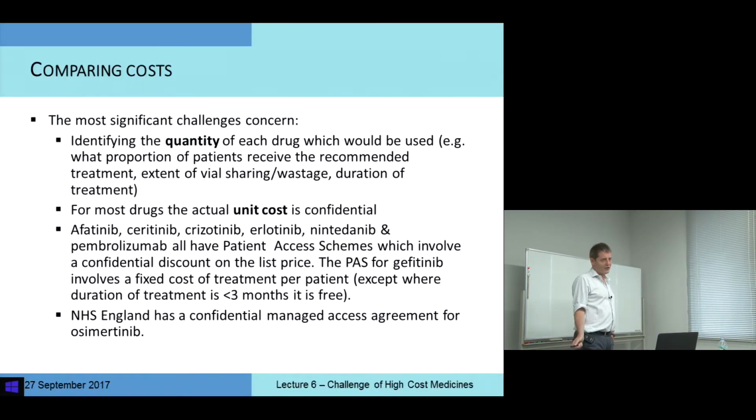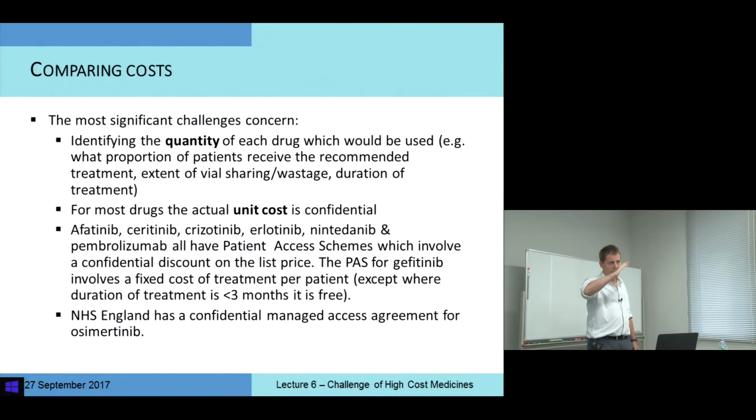Then you've got to compare costs. That was just to get your qualities. You've got to compare costs. Now you think this should be the easy bit, but it isn't really easy, because the first thing you need to know is what quantity of drug will be used. Now the quantity of drug will depend on two main things: how long it is before someone progresses, and are they experiencing toxicities, adverse events, and therefore might they stop treatment sooner?